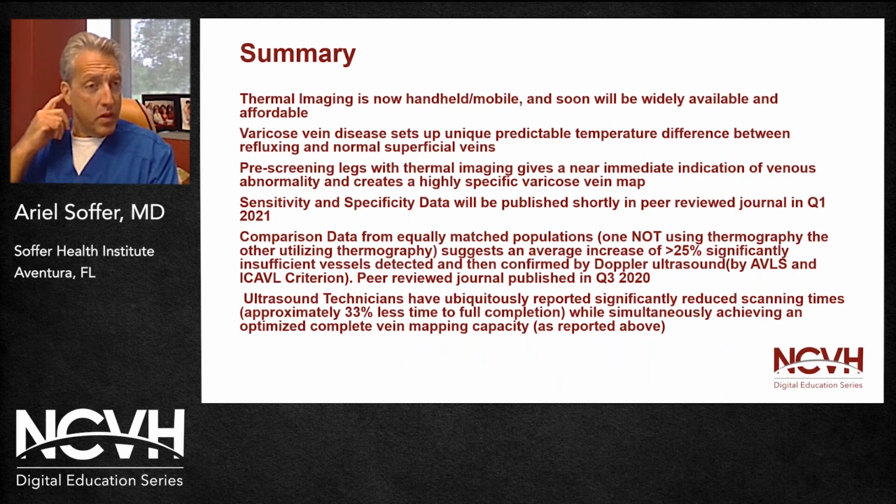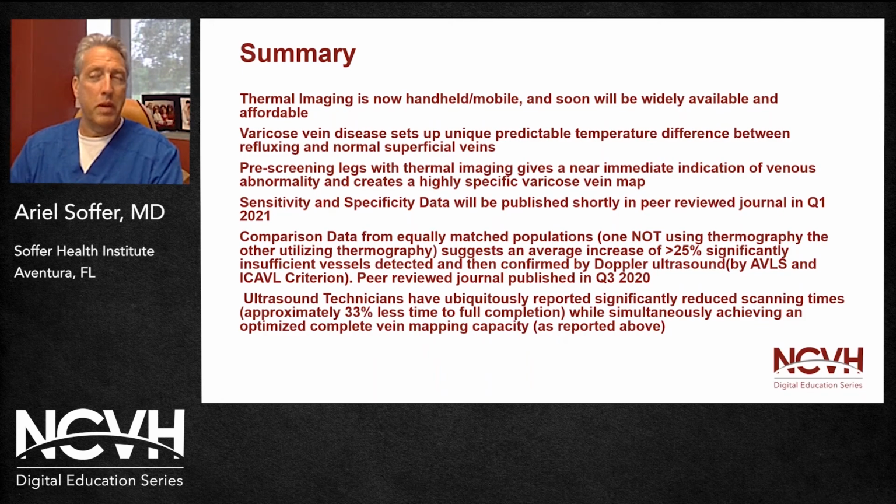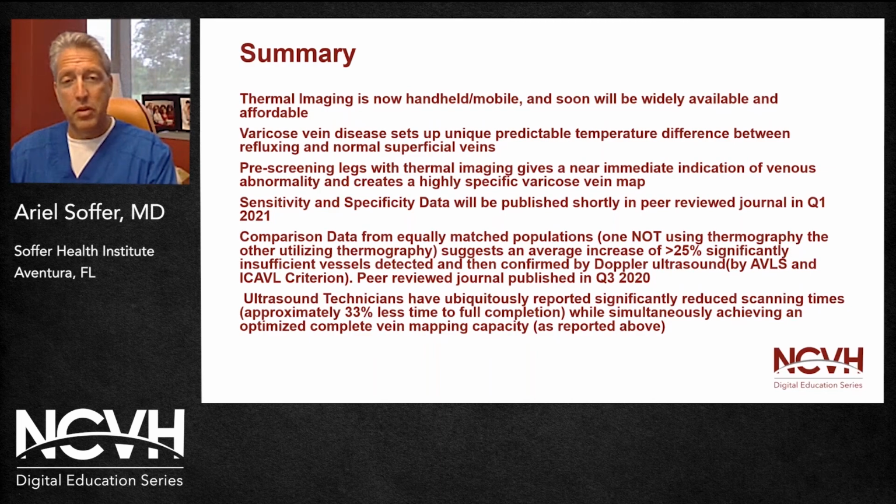So in summary, thermal imaging is now handheld, mobile, and soon will be widely available and affordable. And by soon, we're looking at 2021. Varicose vein disease sets up a unique, predictable temperature difference, which makes for what I call the leading edge of the spear, meaning we're going to learn so much in thermography, but varicose veins are so perfectly designed to use this without really much false negativity, or for that matter, false positivity.